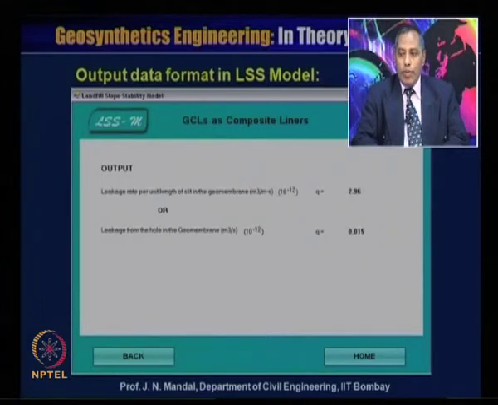So, leakage may occur due to the length of the slit, or if there is any hole. I have also shown you how you can detect the leakage of any geomembrane when it is placed below water, and how you can detect the hole.